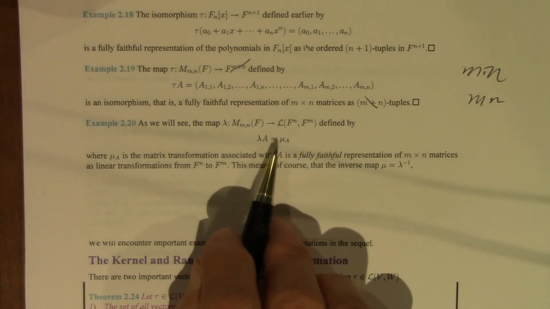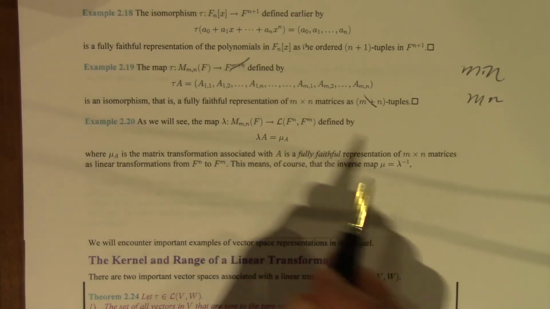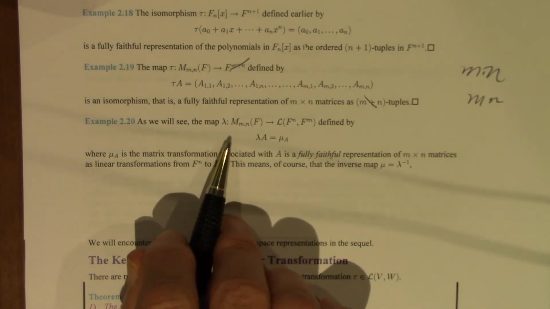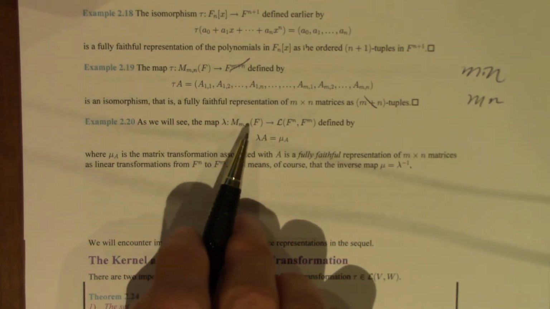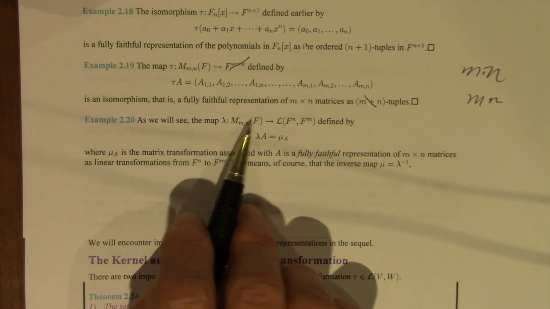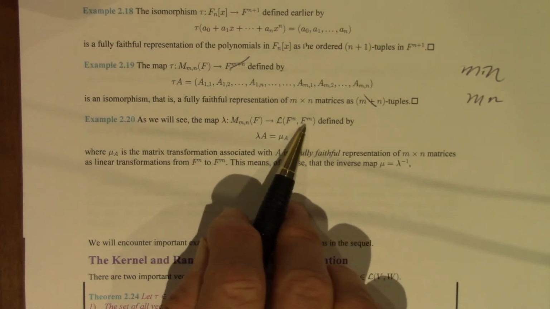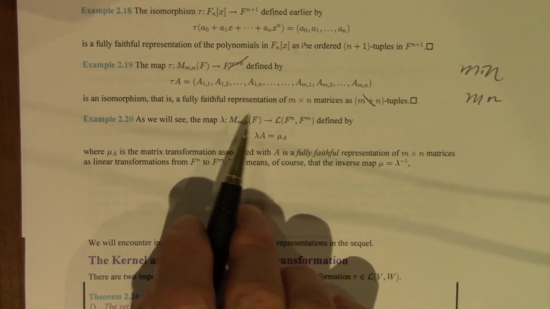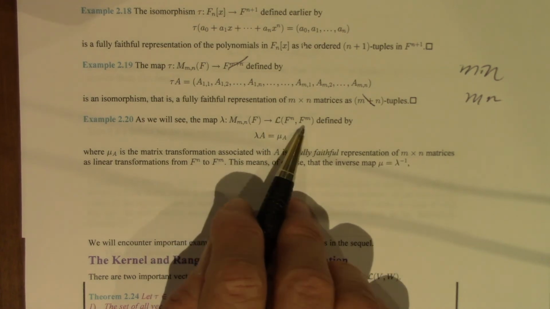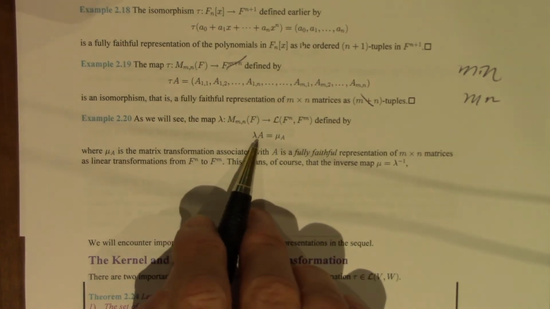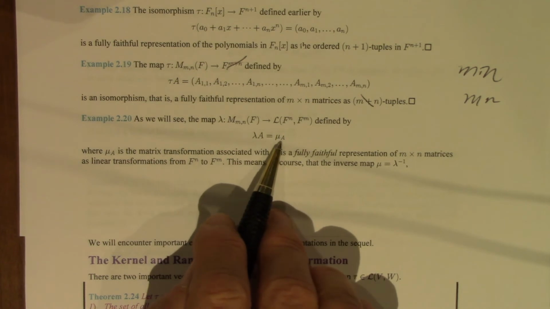This is a fully faithful representation. It's an isomorphism. Therefore, a fully faithful representation of m by n matrices as linear maps. Every matrix is represented by a linear map. Matrix A is represented by the map multiplication by A.